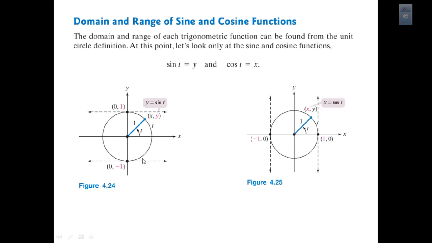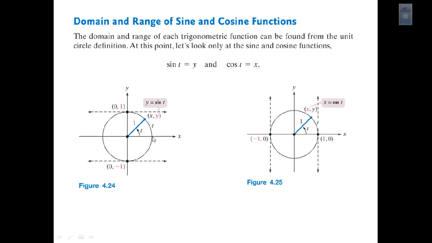And when we look at our possible y values here, it has a maximum value at pi over 2 of positive 1. And it has a minimum value when we keep going around of negative 1 when we get to 3 pi over 2.